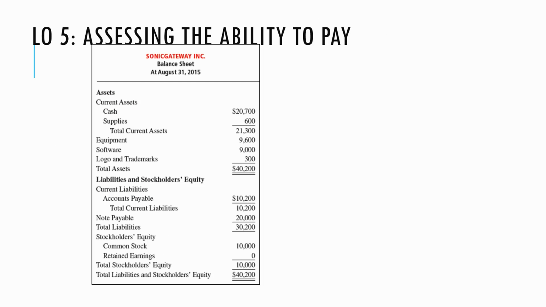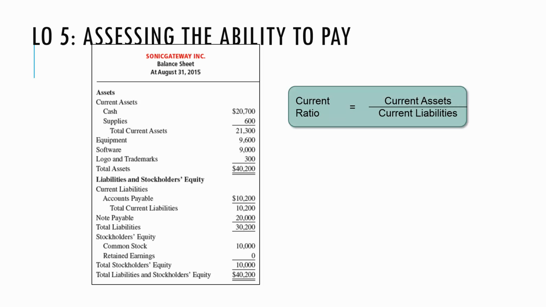Another thing to think about is our ability to pay. How are we able to pay off our bills? You know the current assets are the things that are going to come into us as cash in the next year, and you know the current liabilities are the things you're going to be paying off within the next year.